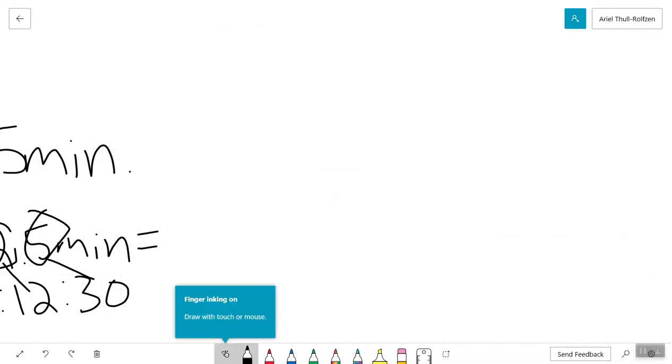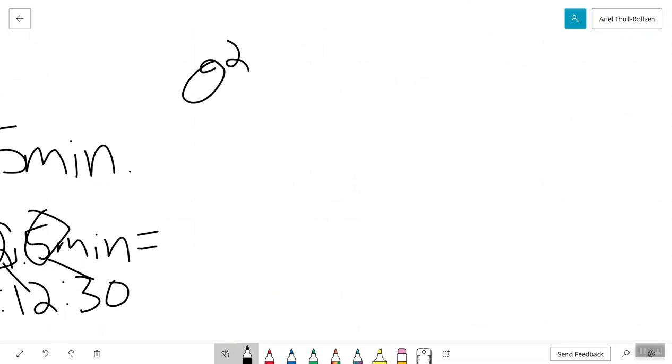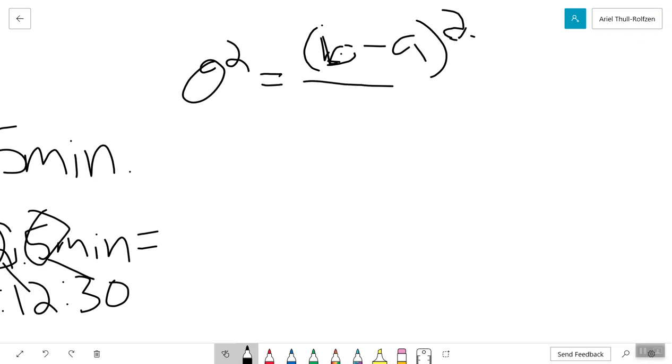So now we're going to find the variance. And the equation tells us for sigma squared, we're going to take our B minus our A, we're going to square it, and we're going to take it all over 12. So now let's plug in our values, and our values don't change from the last problem.